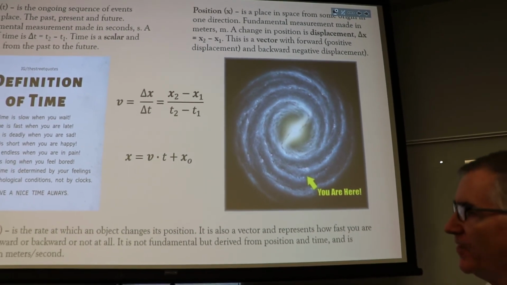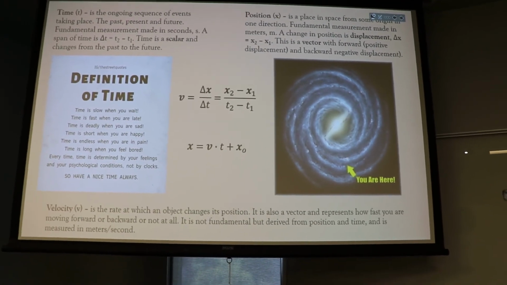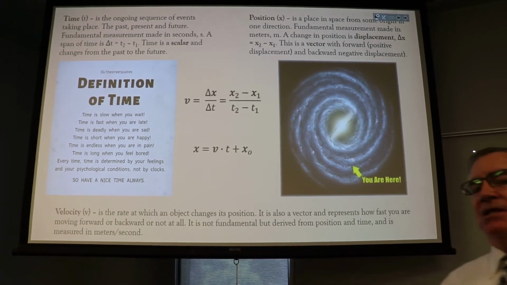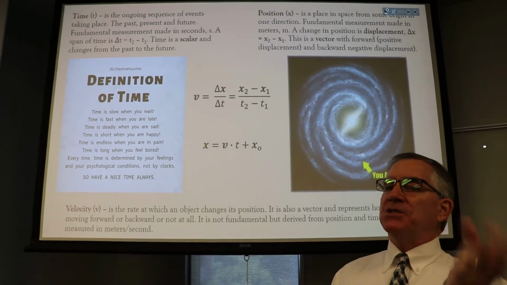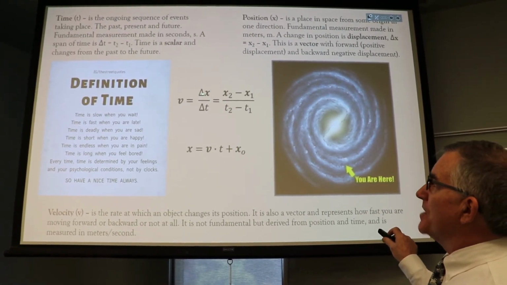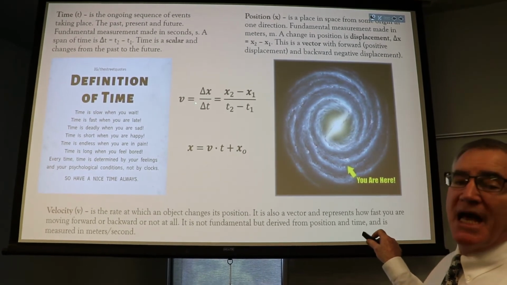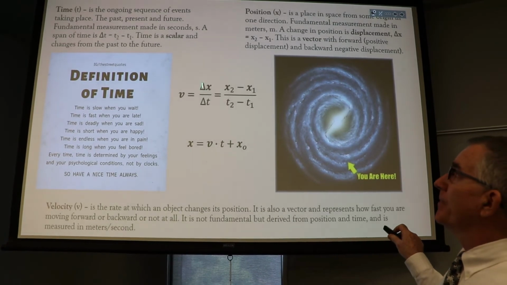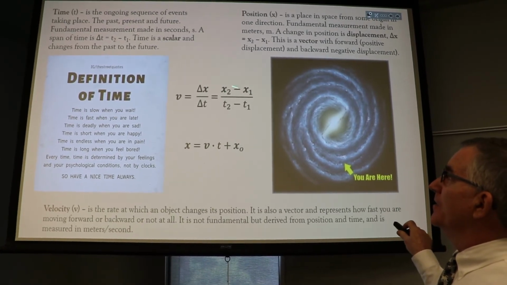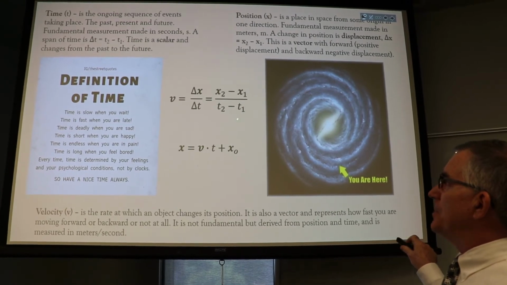All right, and then velocity is the rate of change of an object's position. Well, remember, the change in position of an object is called displacement. So it's displacement over time. So you can see right there, there's displacement over time. And if the velocity is uniform, constant, it doesn't change. And if you wanted to calculate it, you do delta x is x2 minus x1 over t2 minus t1.